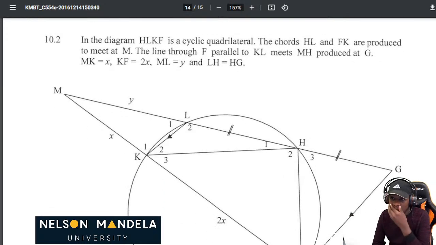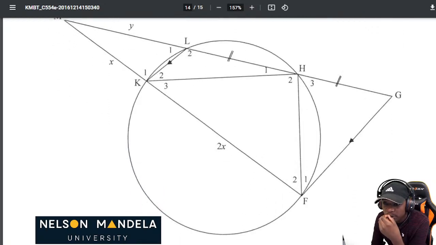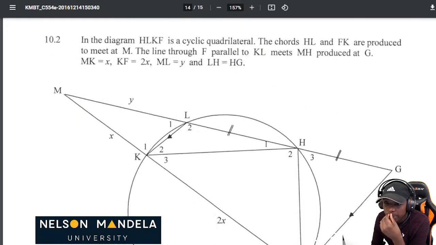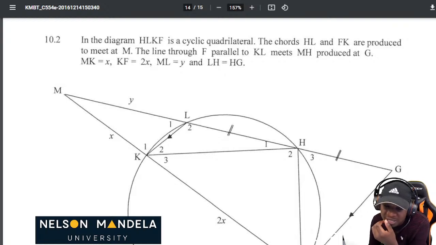Then we're also given that the chords HL and FK are produced to meet at M. We are also told that MK is x and ML is y.